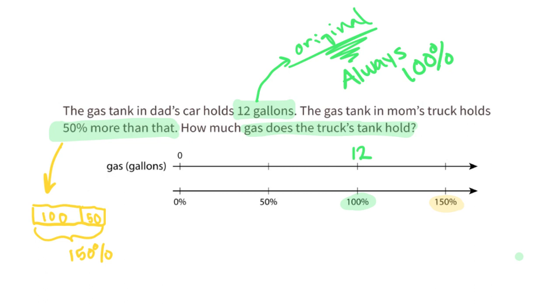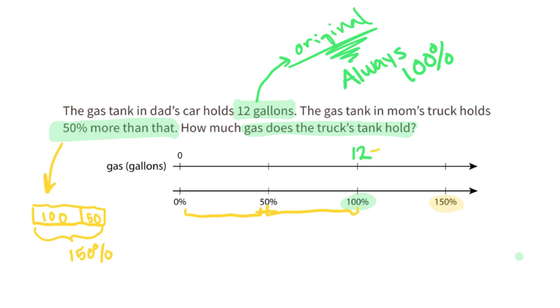Okay? There's a couple ways to do this. We're going to do it using the number line first, but we could also use an equation. But I'm just going to start out. Let's figure out how much 50% of 12 is. Well, 50% divides my 100% up into two even intervals.